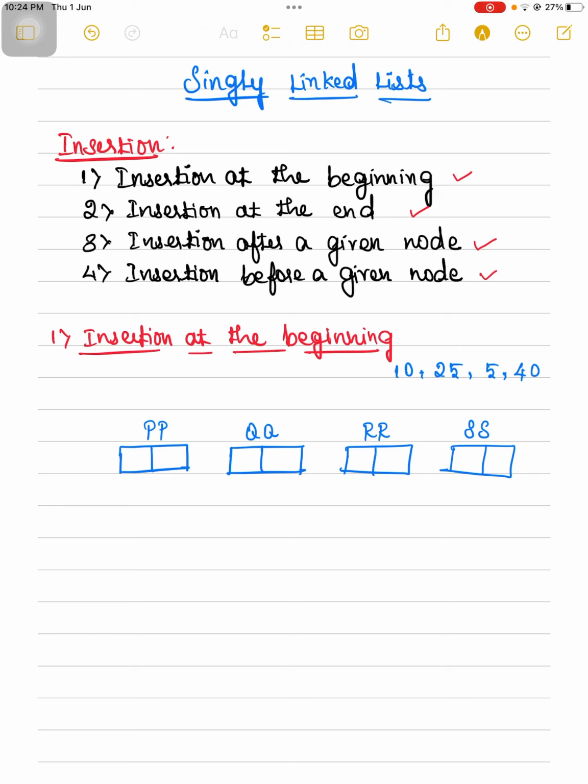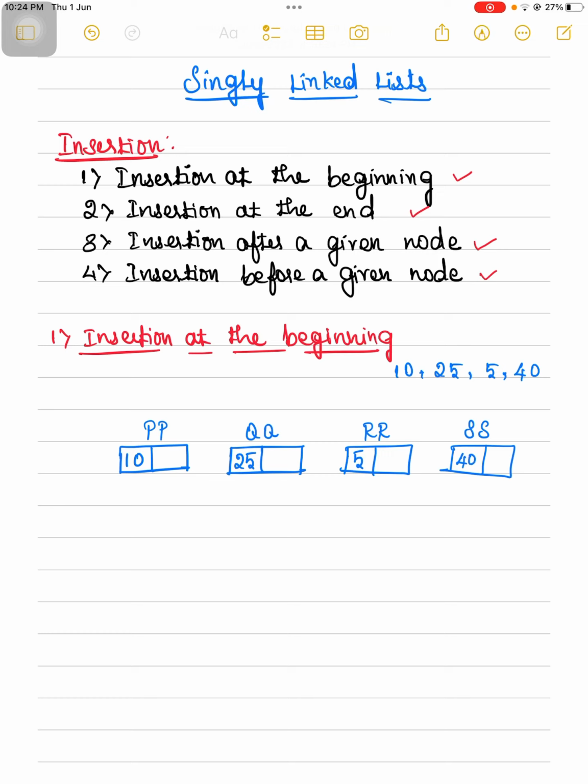So the first node holds the data 10, the second node holds 25, the third node holds 5, and the fourth node has 40, right?